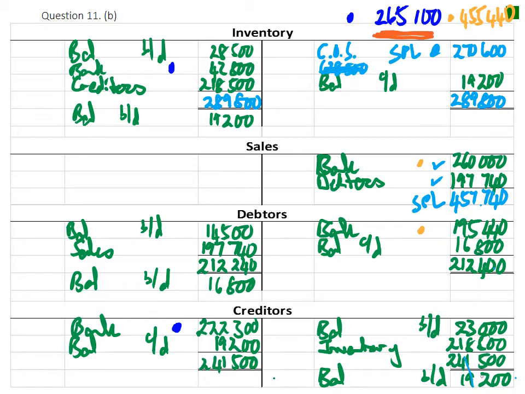This is the payments to suppliers for purchases, and these are the amounts we've received from customers for sales. And that's the end of question 11.1b.